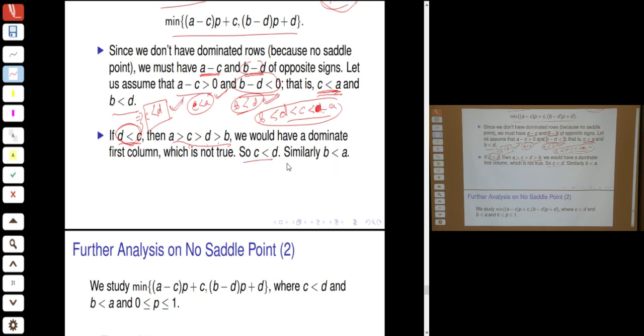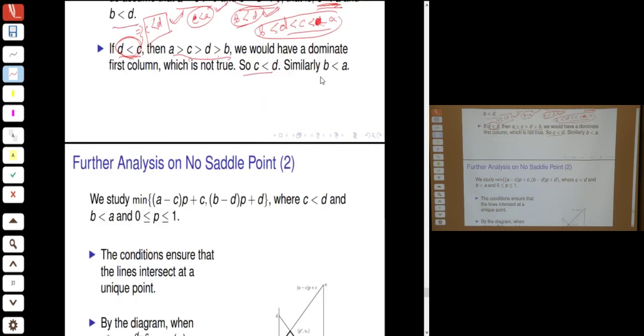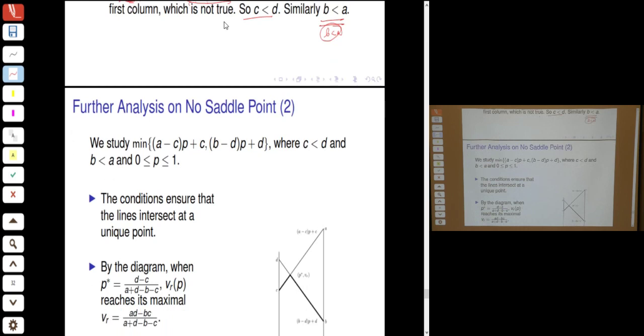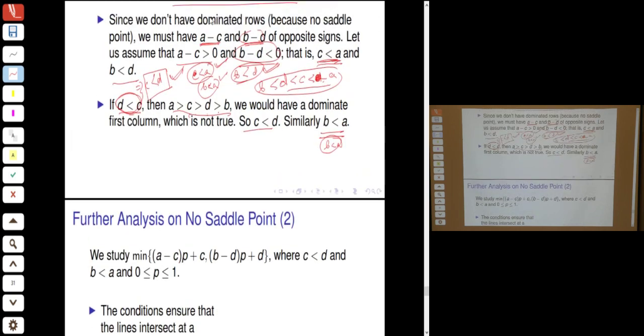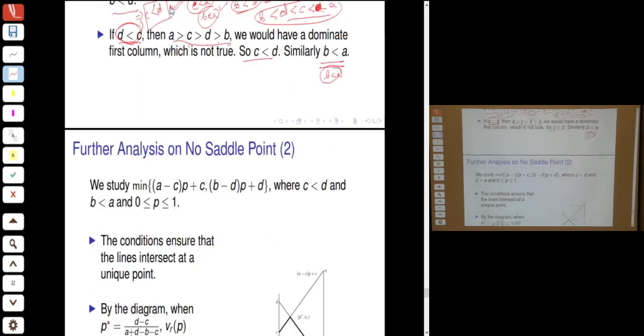And by a similar argument, using the fact that there is no dominated column, you can also show that B has to be smaller than A. So these are the four relationships which you can deduce among the different parameters of the matrix, simply using the fact that there is no saddle point, and using the fact that for 2x2 matrices, existence of a saddle point is equivalent to having a dominated row or a dominated column.